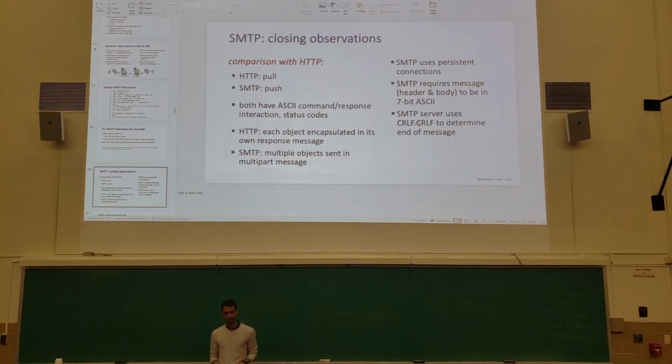In HTTP, we didn't have such a terminator, right? For requests, we had an empty line, a carriage return followed by a new line. But for response bodies, how do you know when the response body ends in HTTP? We have a content length in the headers.